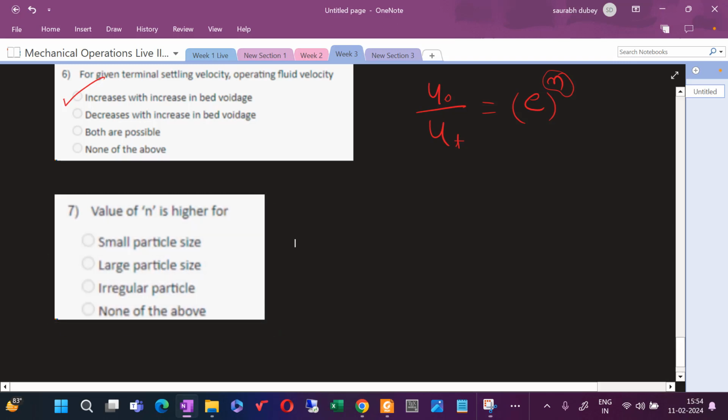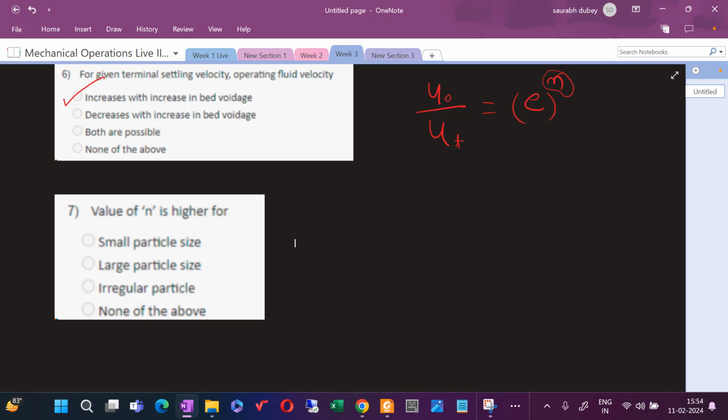The value of n is higher for: small particle size, large particle size, irregular particles, or none of the above. Which of the following is correct?